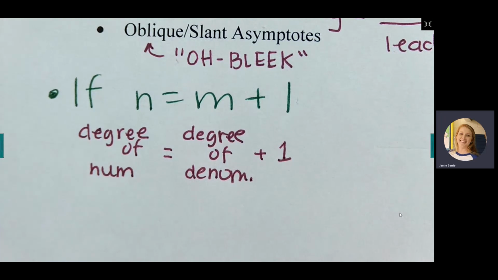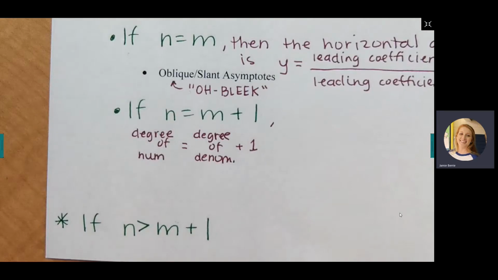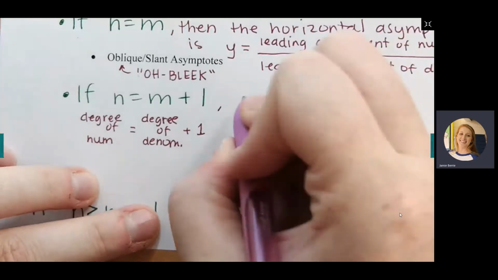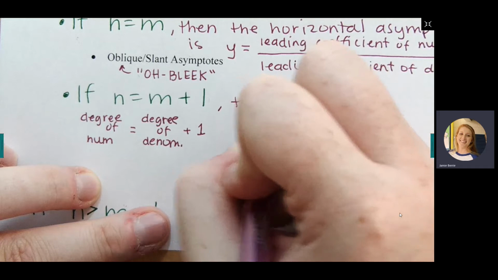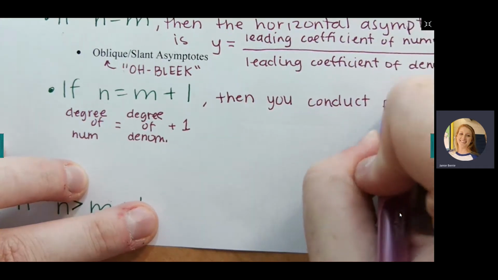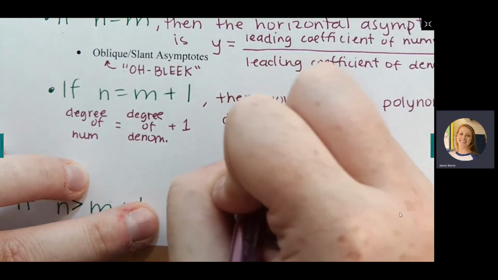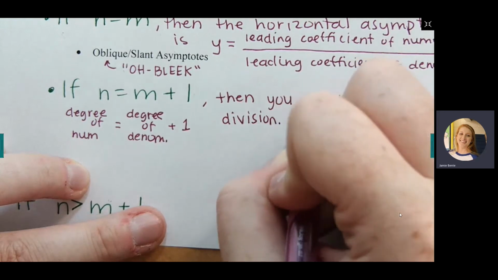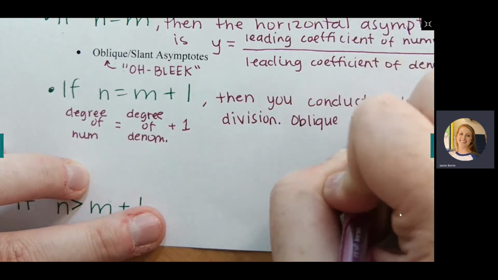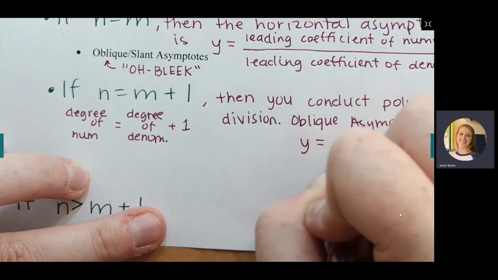So if the degree of your numerator is equal to the degree of your denominator plus 1, then you perform polynomial division. You can either do long division or synthetic division. The oblique asymptote is y equals the quotient.